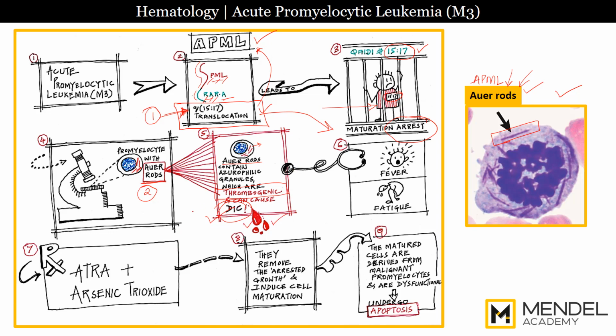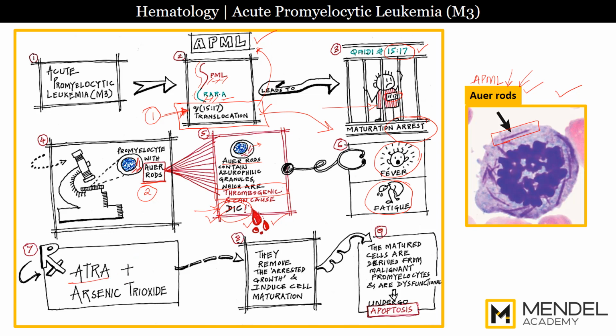Now the fatalities that are associated with APML are all related to DIC most of the times. The clinical features are non-descript, non-specific, because they are characterized by either fever or fatigue. Now, how do you treat a patient of APML?